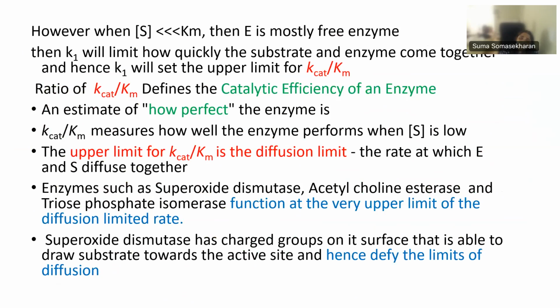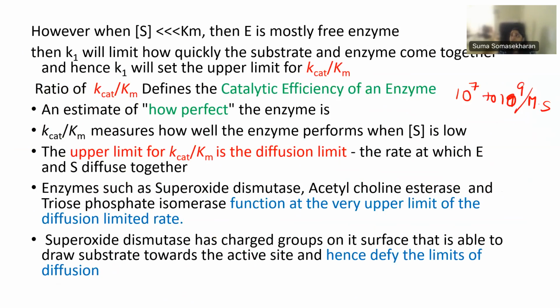Now, what limits it is the very process of diffusion. The diffusion limited rate is in the range of about 10 to the power of 7 to 10 to the power of 9 per molar per second.